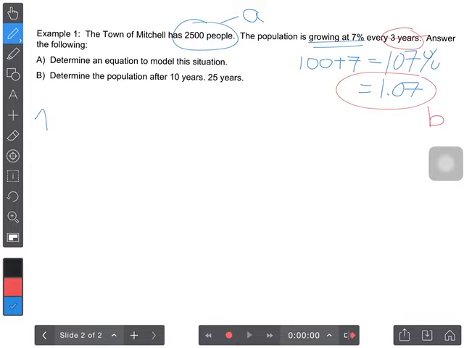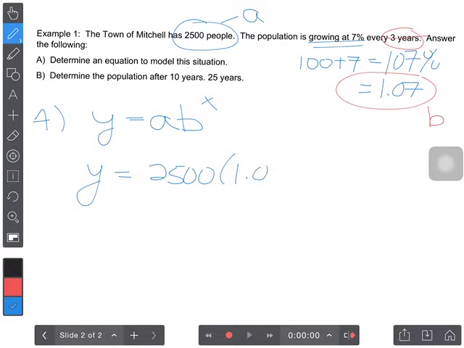So for part A, we have our base equation is y equals a b to the x. So y equals, A I already said is 2,500. B is going to be 1.07, the 7% growth. And here's the tricky part. Because it's every 3 years, this is when the growth period occurs. So our exponent is going to be a fraction.